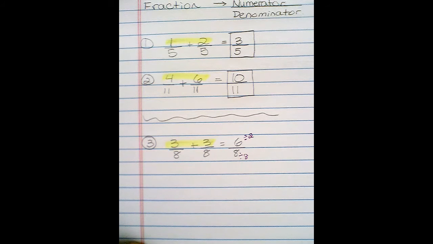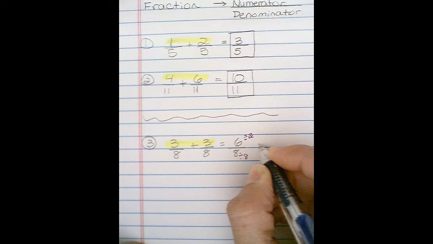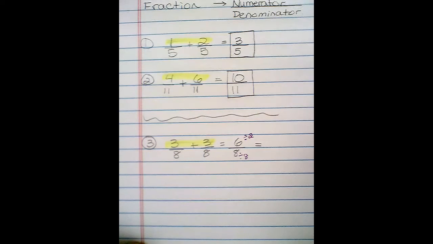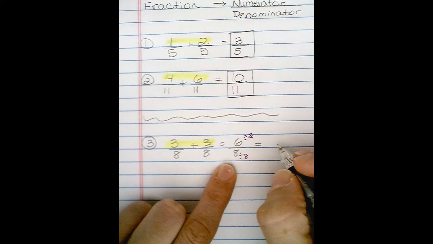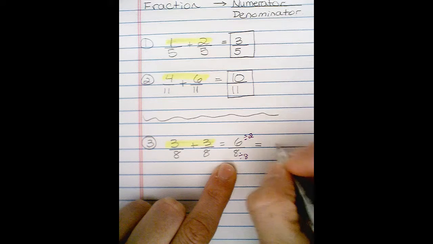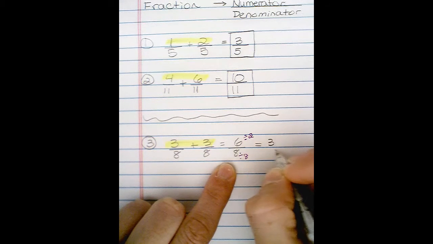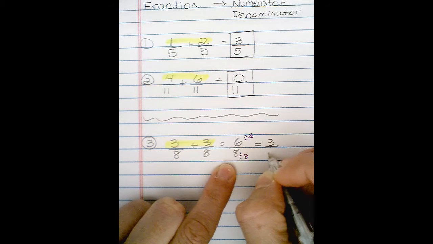So, just like I recommended, in this case I use pen to show this extra step. So, in order to simplify this down, 6 divided by 2 is 3, and 8 divided by 2 is 4.